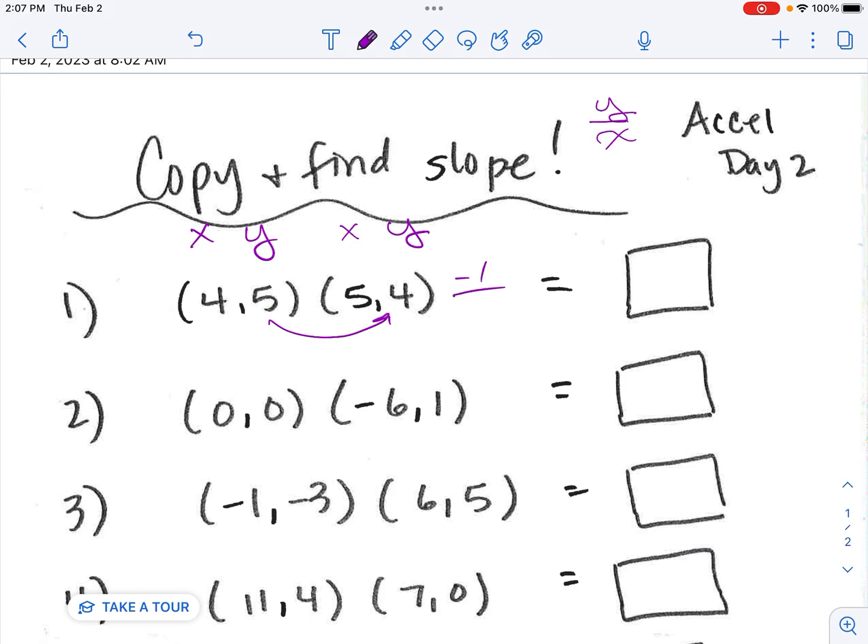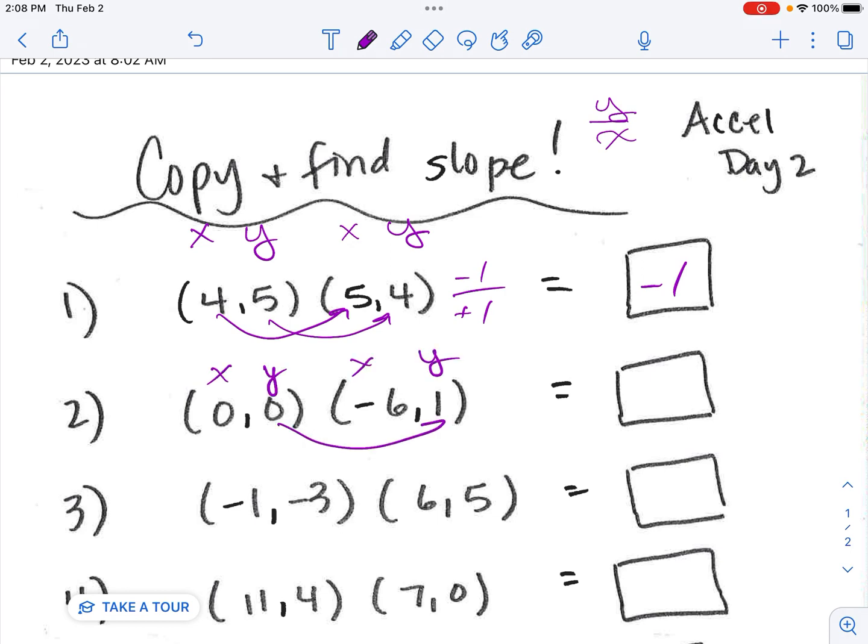Anytime we go left, that's a negative. The change in X from 4 to 5 is 1 hop to the right, which would be a positive when we go to the right. And then we can just simplify. A -1 divided by a +1 is -1.